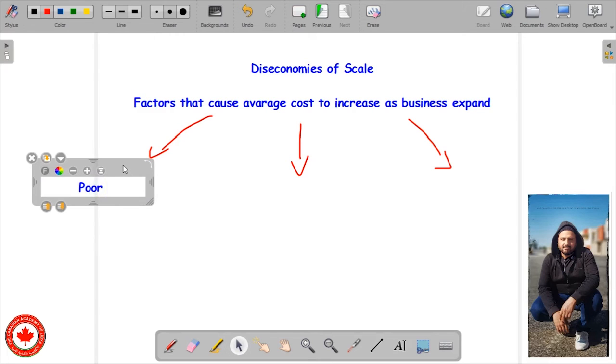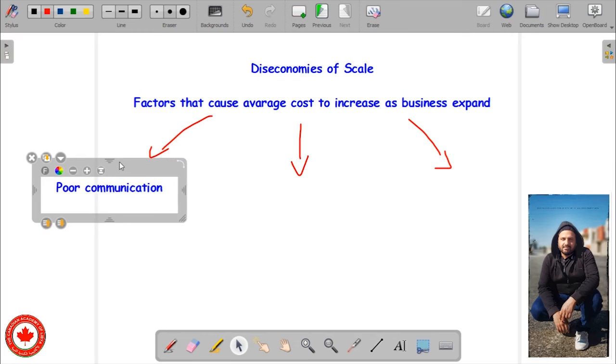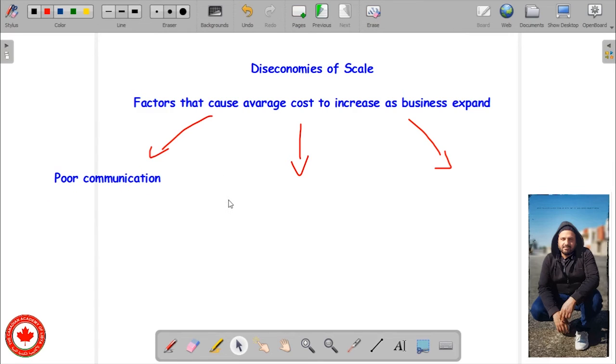Number one, poor communication. As these big companies become larger, it will be hard for their managers to communicate in an efficient way. This can be caused by many things.